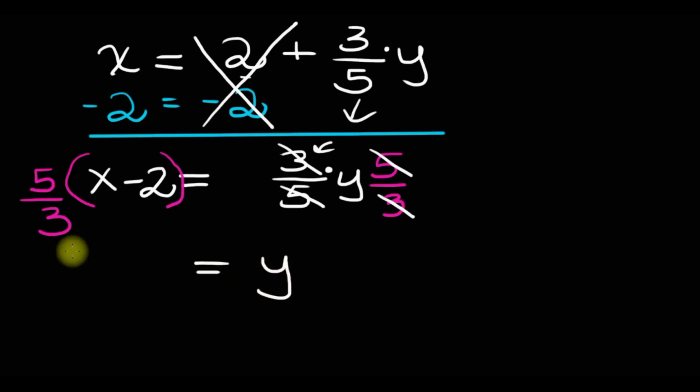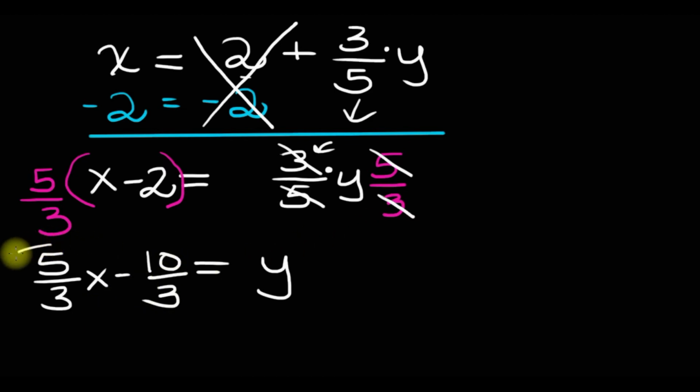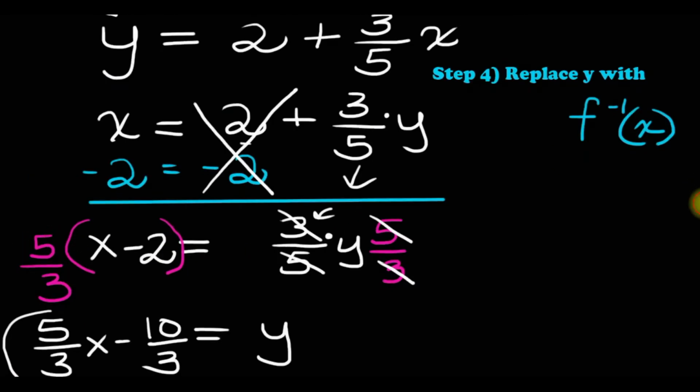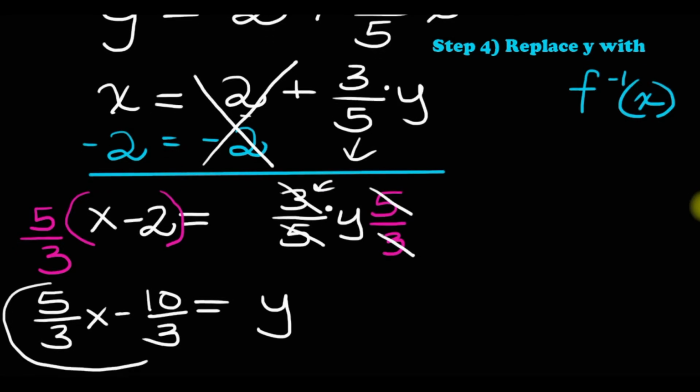Now over here, you're going to end up with 5 over 3x take away 10 over 3. Okay, so this is your inverse right here. And then the last thing we need to do is rewrite this by replacing y with the inverse notation.